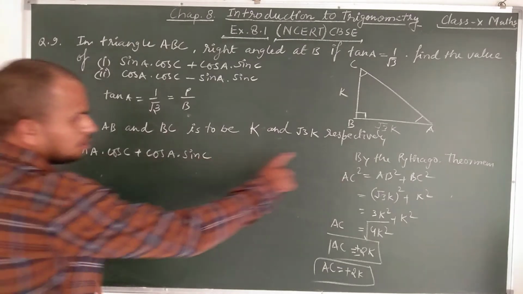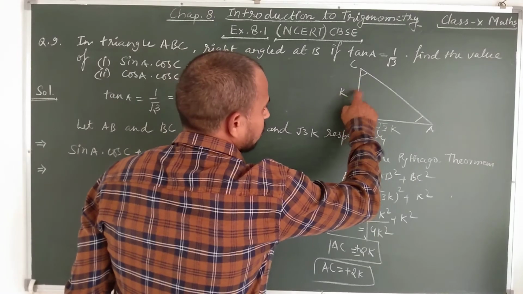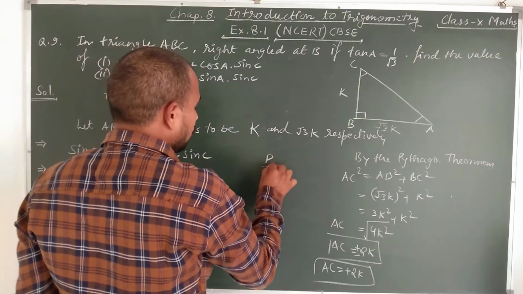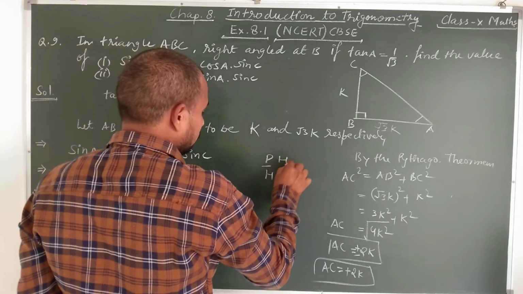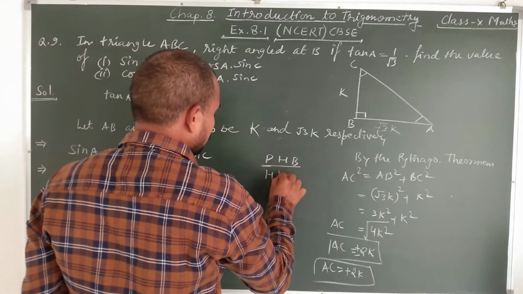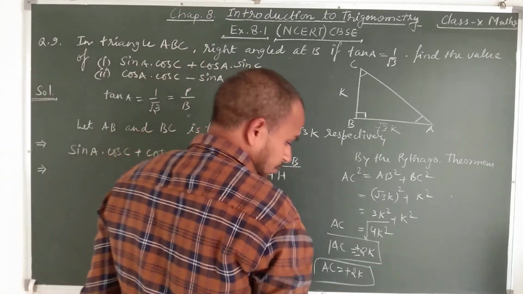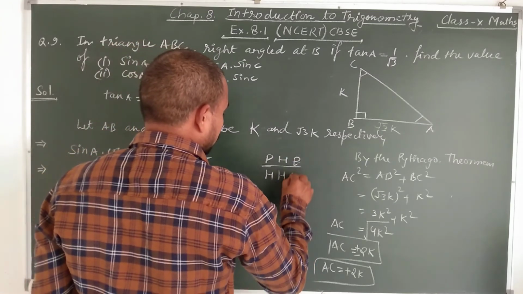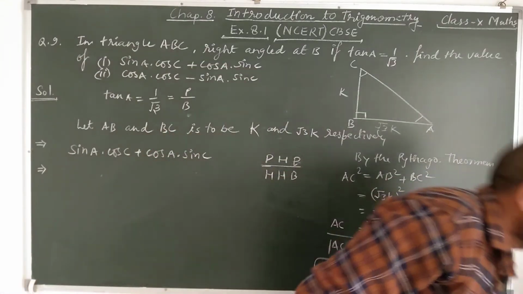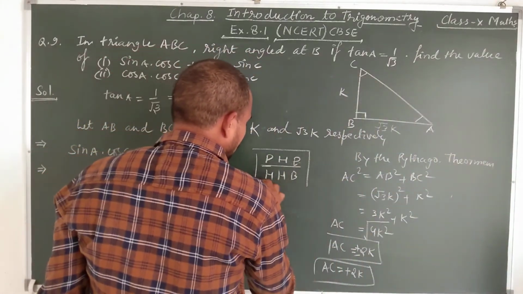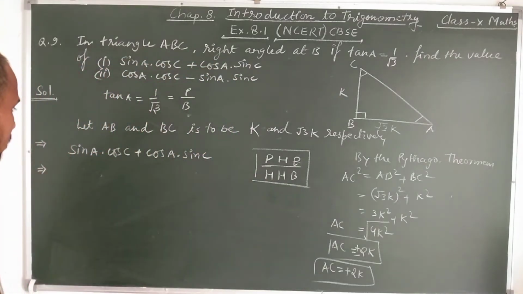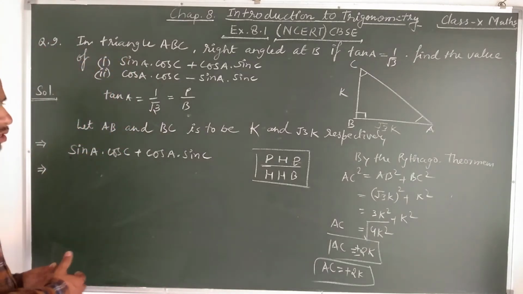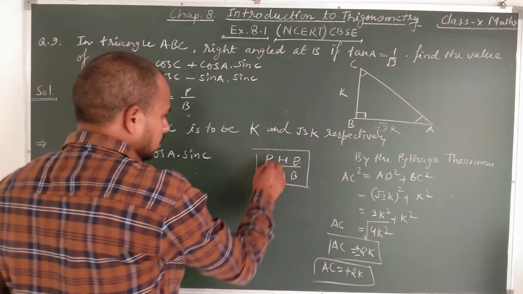So sin A is perpendicular upon hypotenuse, let me write it down, perpendicular upon hypotenuse, PVP. This is a simple trick to understand all trigonometric ratios and find them on the basis of this expression.